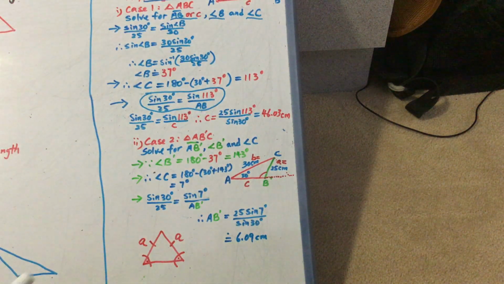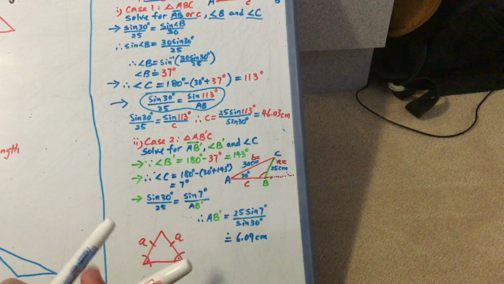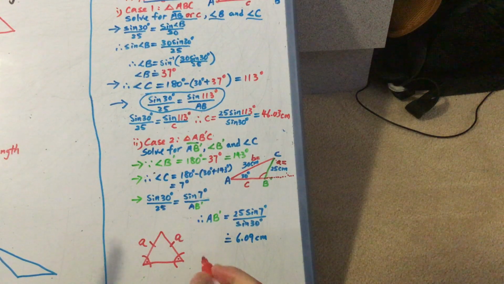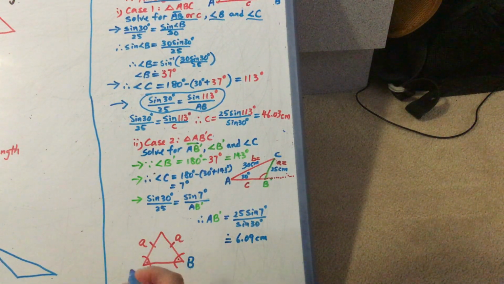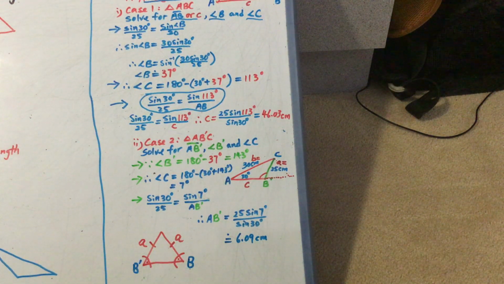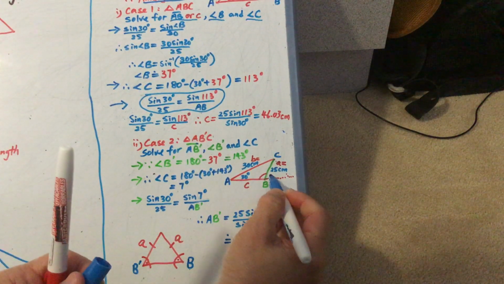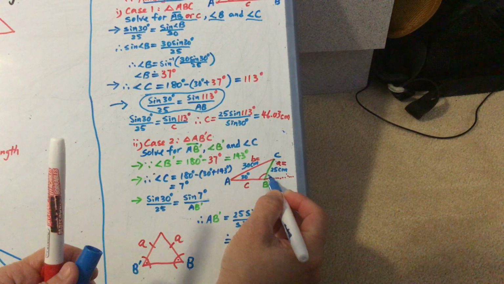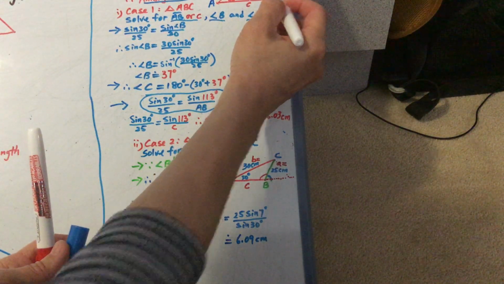Sorry, this is not angle A. This was called angle B before, and this is my angle B prime after. But this angle that I'm talking about here must be the same as the angle B that I have from before.